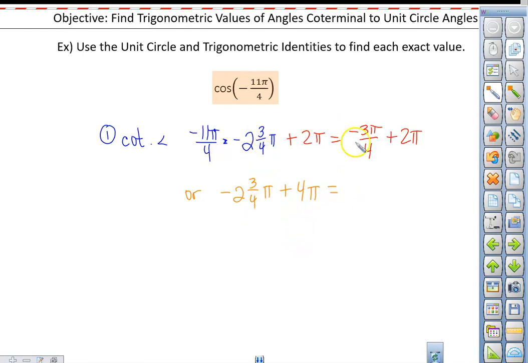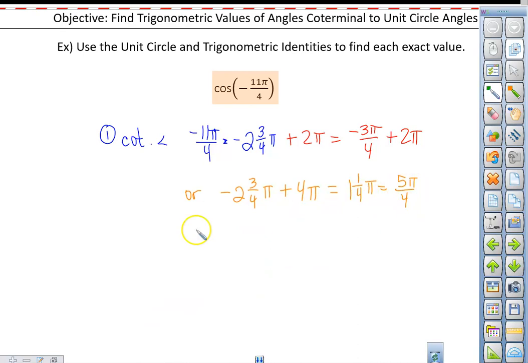It just depends on how you see it at the beginning and what you're most comfortable with. So here I have 4 minus 2, which would be 2. And then that 2 that's left over, I also have to subtract a 3/4 from. And 2 minus 3/4 would be 1 and 1/4 pi. And as an improper fraction, this would be 5/4. So this becomes 5 pi fourths.